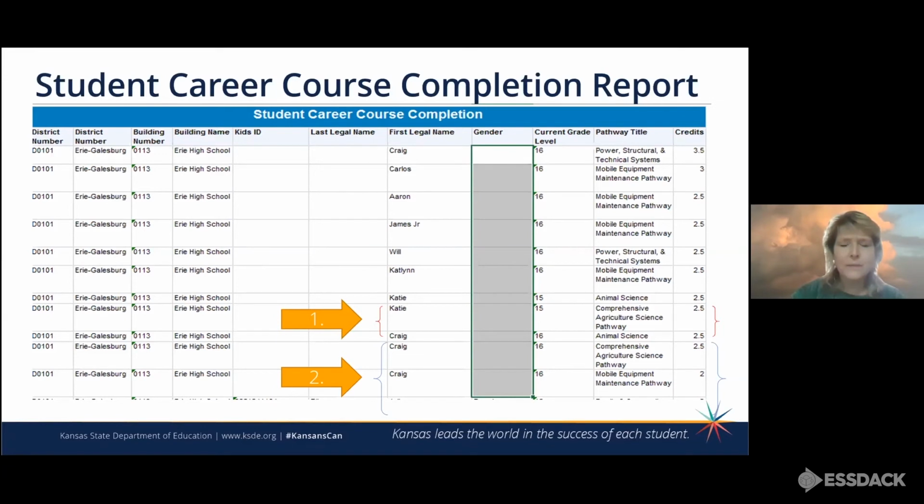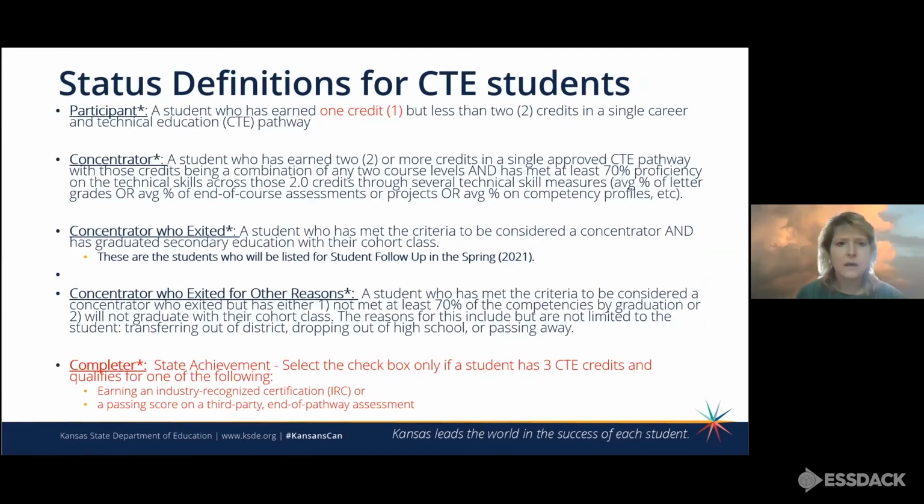I have been talking a lot about the status that we give to the students. This screen has the definitions on there. They are also on the checklist of procedures. One thing I want to point out is that the Perkins 5 legislation that just came out actually set the participant status for us, so that we had to change ours back to 1 credit for a participant.